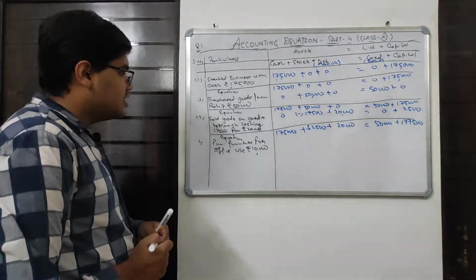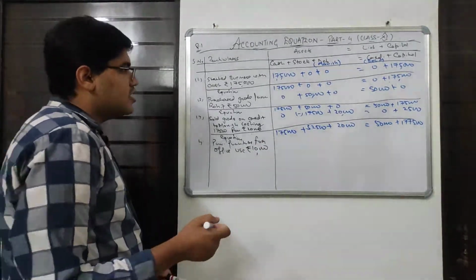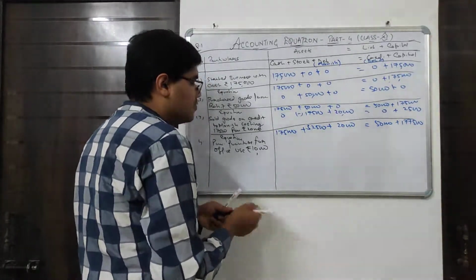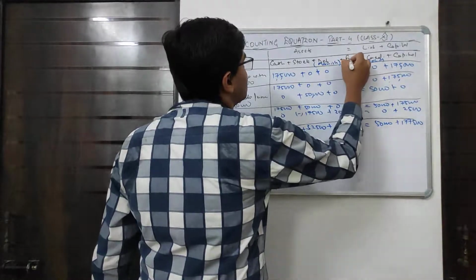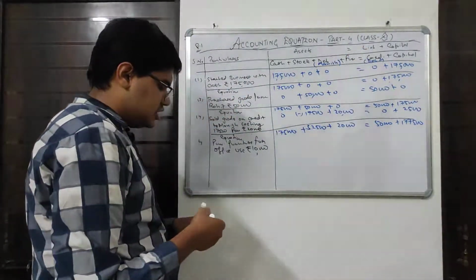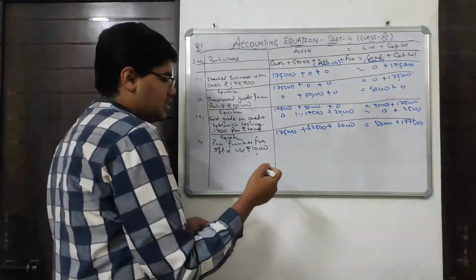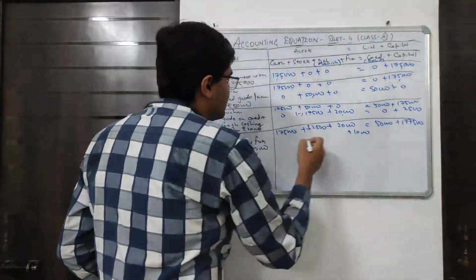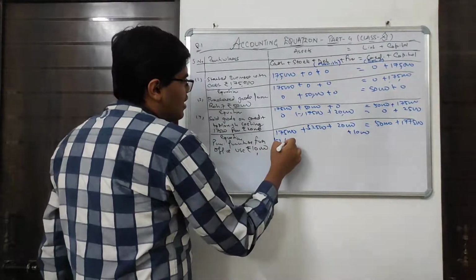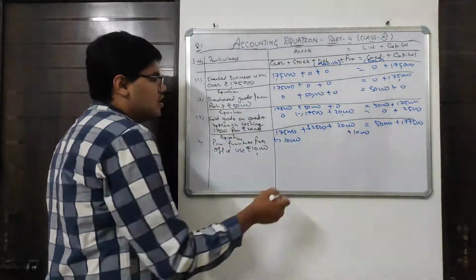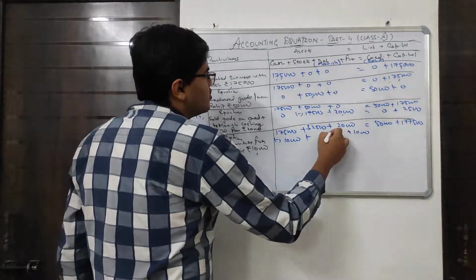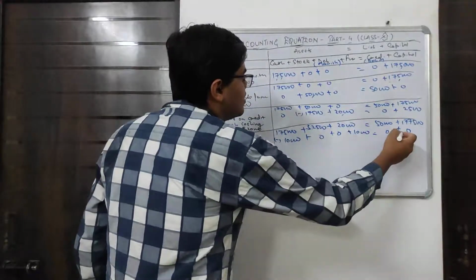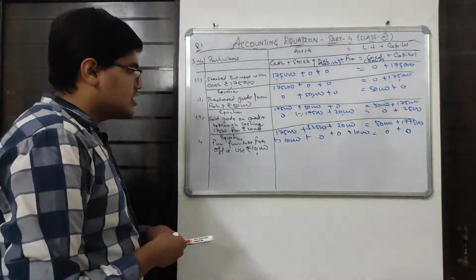Since we are purchasing the furniture, the furniture is coming into the business, so we have to add here one more asset, that is furniture. So our furniture will be increased by 10,000 and cash will be deducted by 10,000. Rest, no change in stock, no change in debtor, no change in creditor, no change in capital. As you can see, our equation gets balanced.